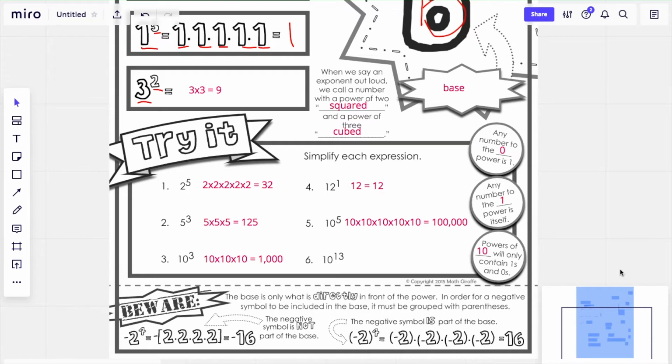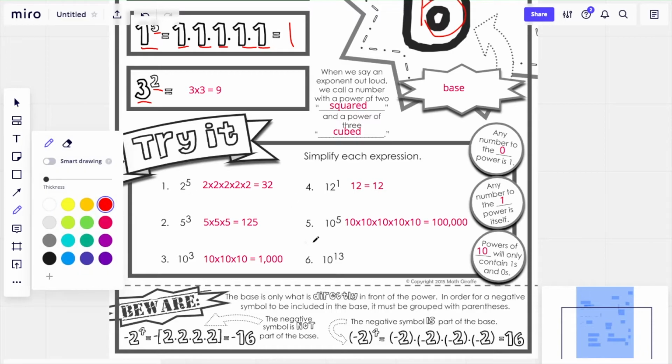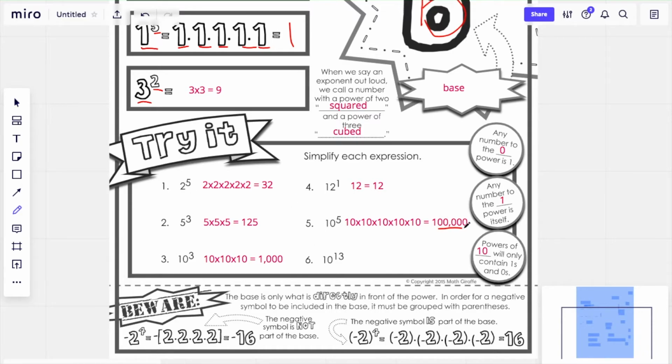Those numbers should be the same if we're looking at powers of 10. So that means 10 to the power of 5, the answer has 5 zeros, just like in 100,000. That's how we know that that answer is correct. We could do the same thing with 10 cubed. Our exponent is 3. 1,000 has 3 zeros.